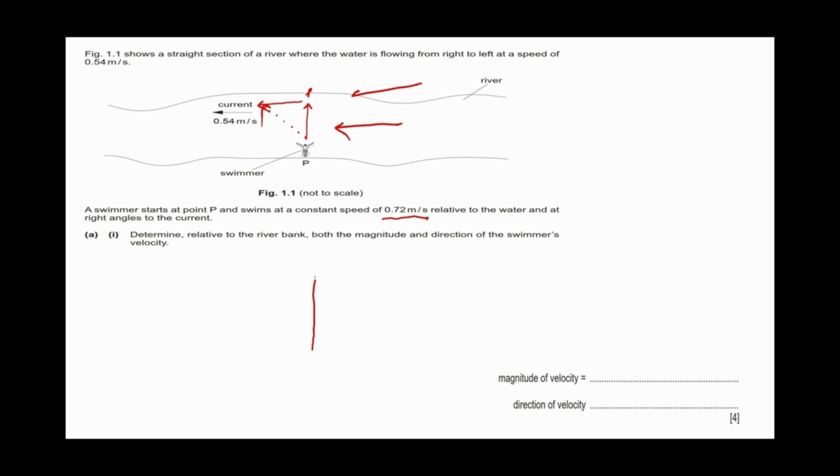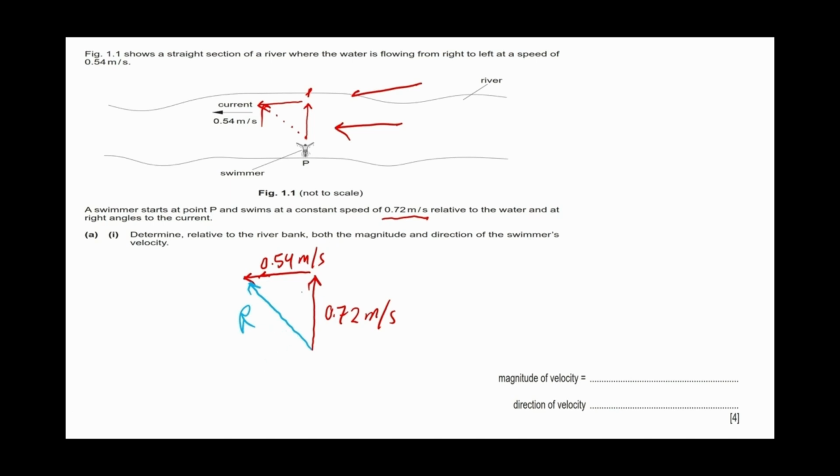This is his velocity, 0.72 meter per second, and the speed of the water is 0.54 meter per second. The resultant must be in this direction, because we say that we draw them after each other, and the resultant is closing this figure.